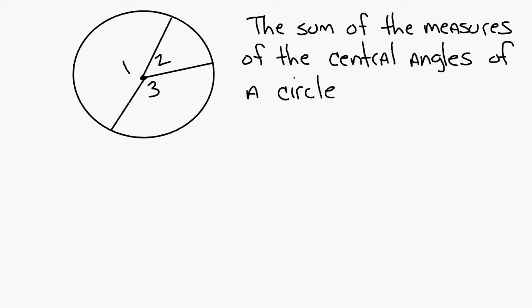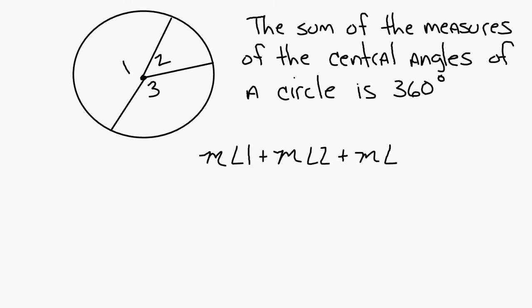The sum of the measures of the central angles of a circle is 360 degrees. That means the measure of angle 1 plus the measure of angle 2 plus the measure of angle 3 is going to be equal to 360 degrees, when they are all central angles.